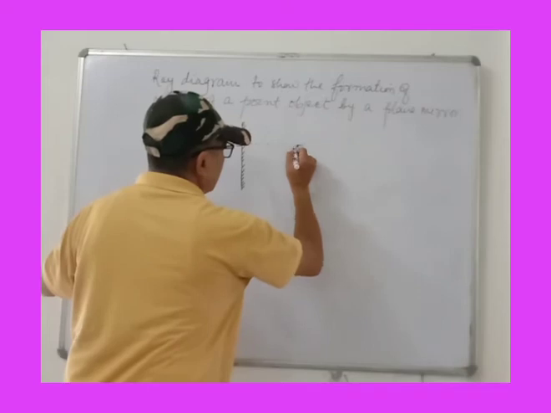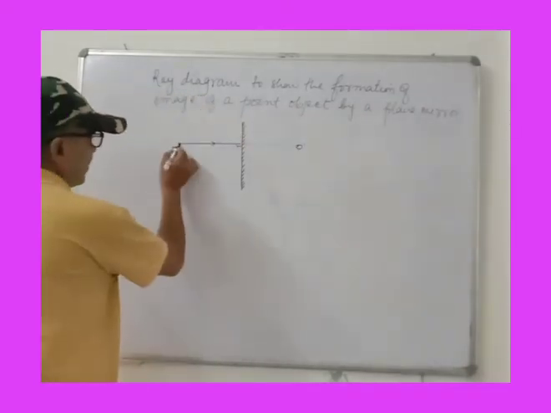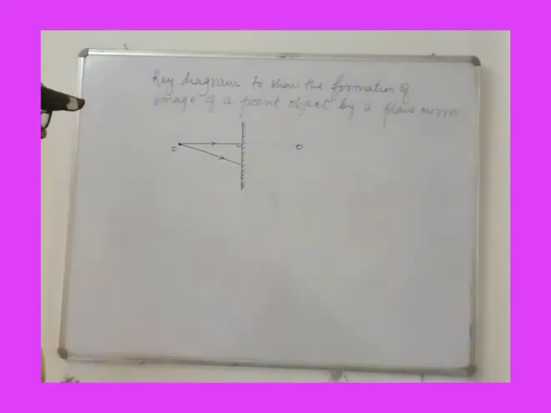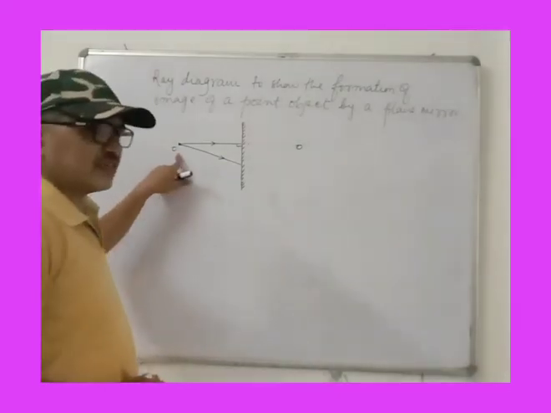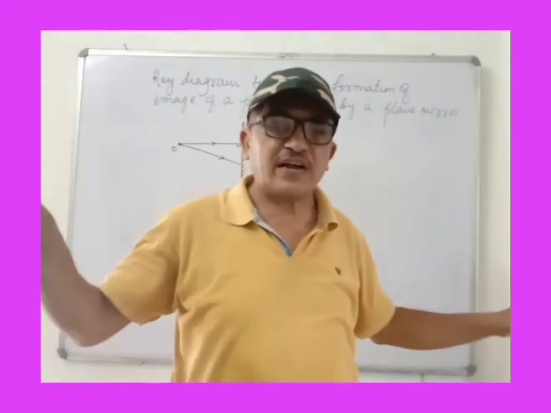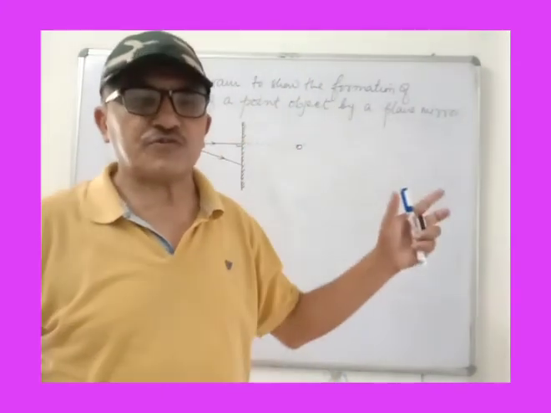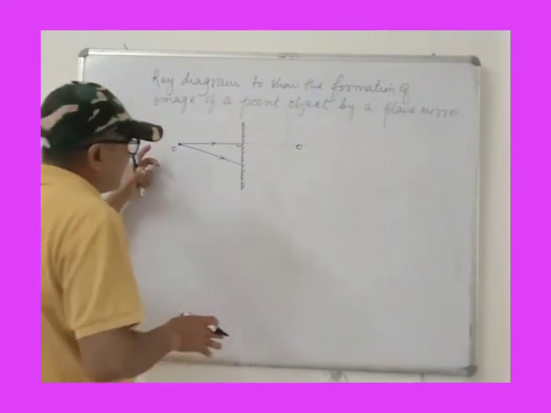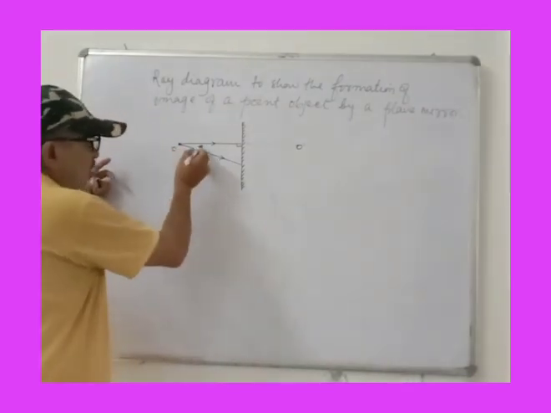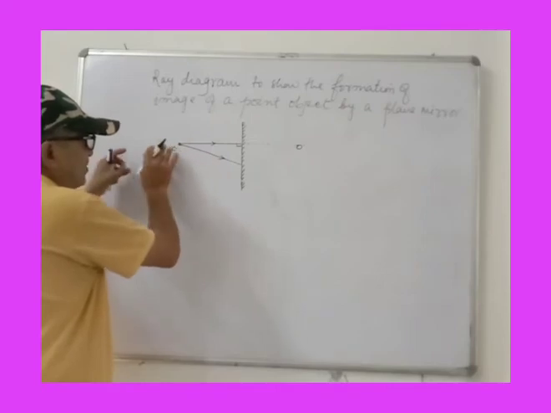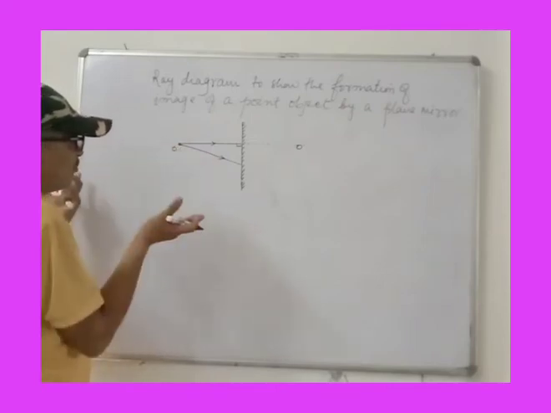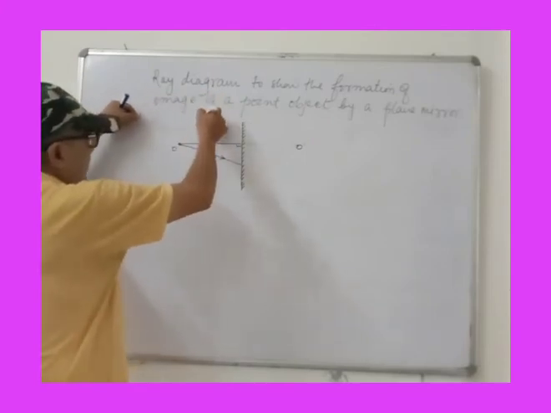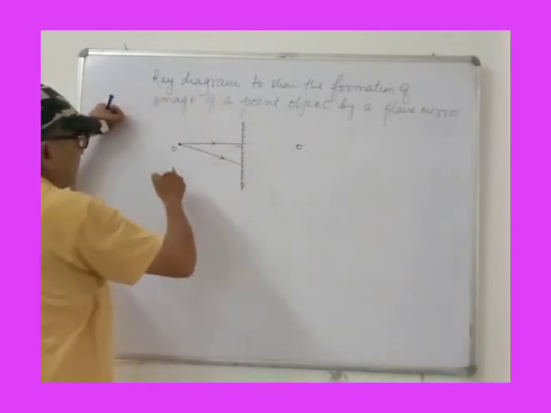O dash here. Now take another ray from here, any direction, doesn't matter, any direction. Because from object, a large number of rays are supposed to come out. And one more important thing, all the rays of light are emerging out of the object. How? Because there is some source of light around it. Maybe here, maybe here, maybe here.